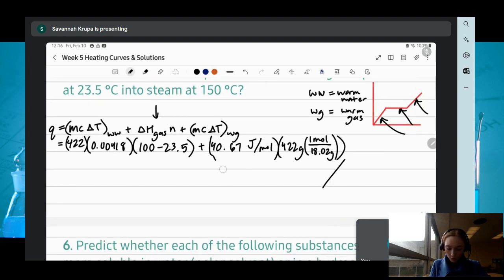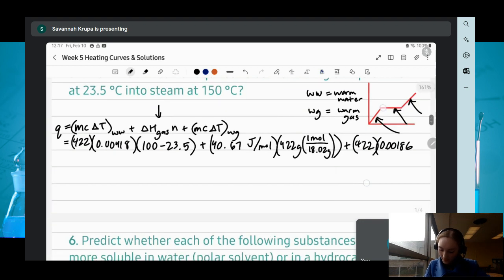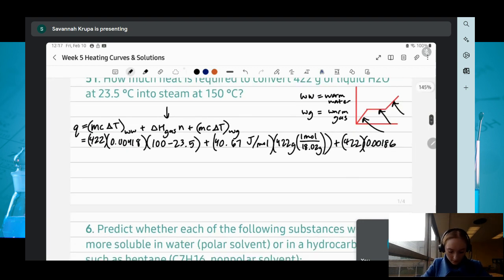And so now let's work on the third. The last term will be the mass of the water, so 422 again, times the C value, but this time we're working with gas. So it's going to be 0.00186. And let me make this a little bit smaller.